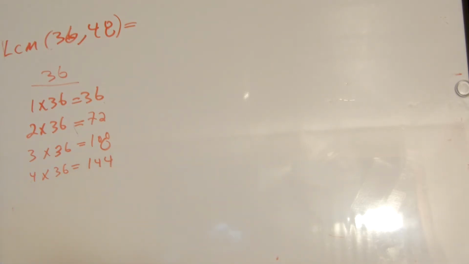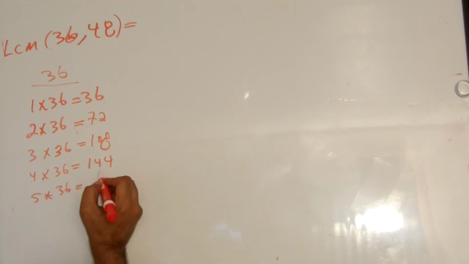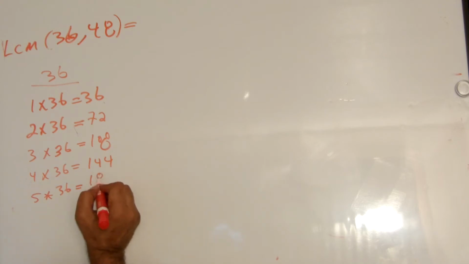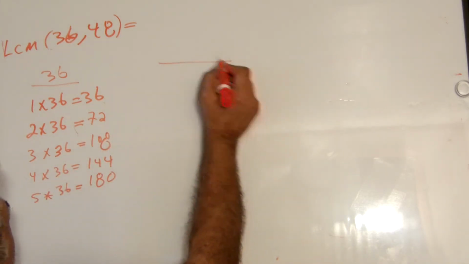And 5 times 36 is going to be 180. And you write the multiples of 48 too.